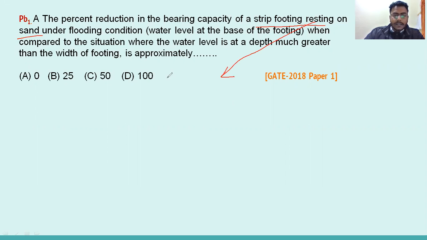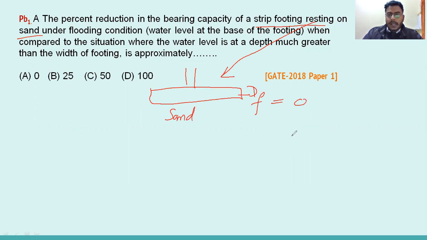resting on the sand. Resting means, suppose this is the sand and the foundation is resting here. So there is no depth of foundation, meaning the depth of foundation will be 0. Whenever the question says the footing is resting on sand, or on clay, you can take Df equal to 0.